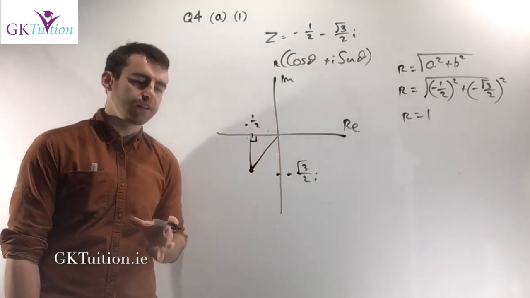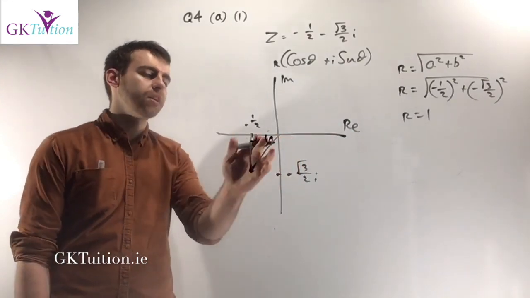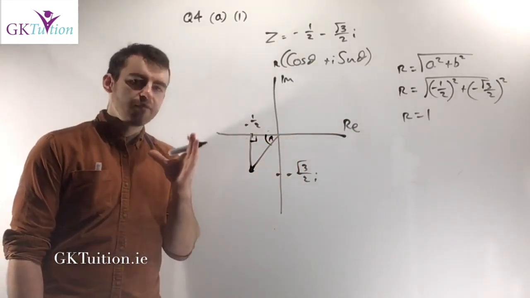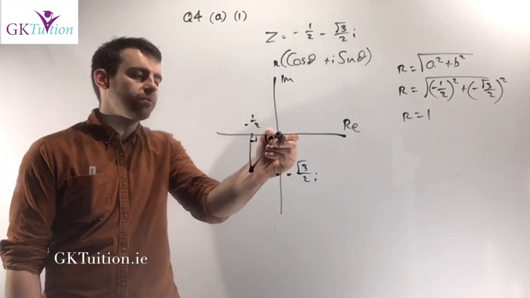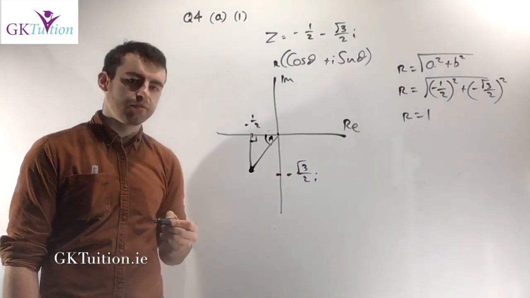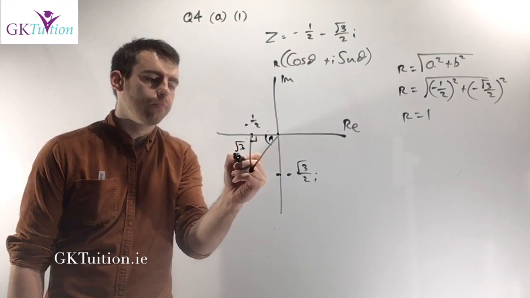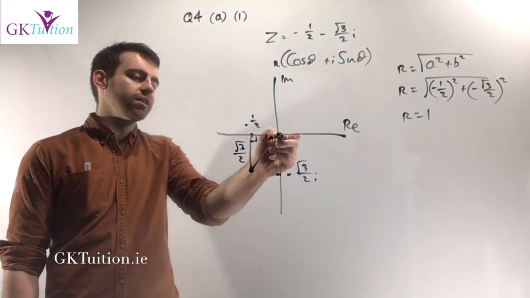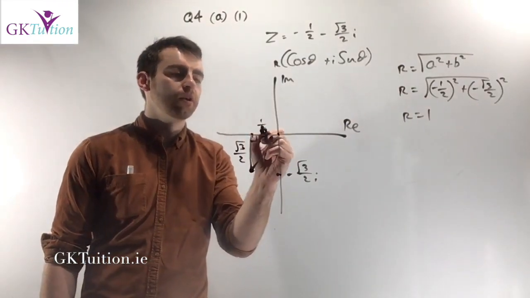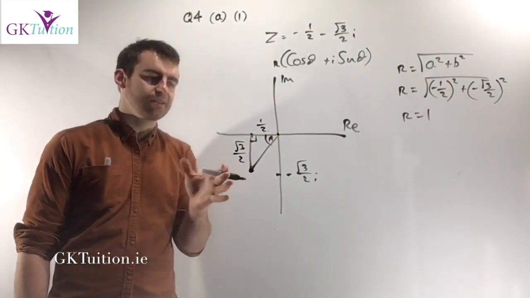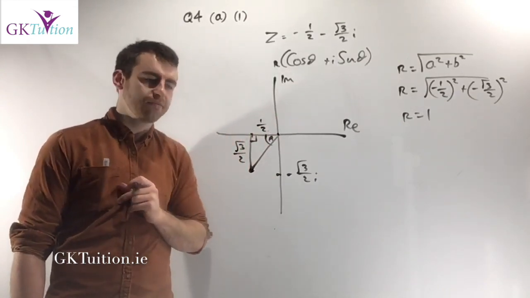What I'm concerned with at the moment is I need to find the angle that it's making with the horizontal line, let's call it the angle A. From my diagram I can tell that the distance from here to here is root 3 over 2, and the adjacent to my angle, the distance along the horizontal line, is obviously a half. Notice that I'm ignoring my signs because I'm talking about distances. I'm not going to say the distance is minus a half. Its absolute value is a half.